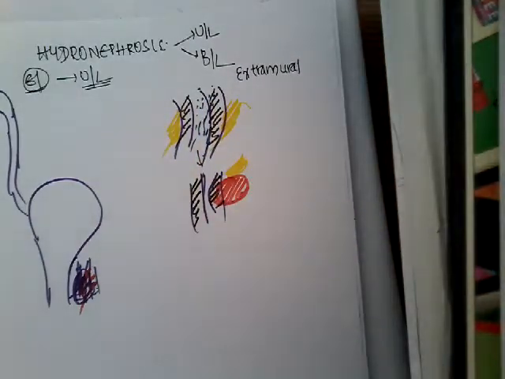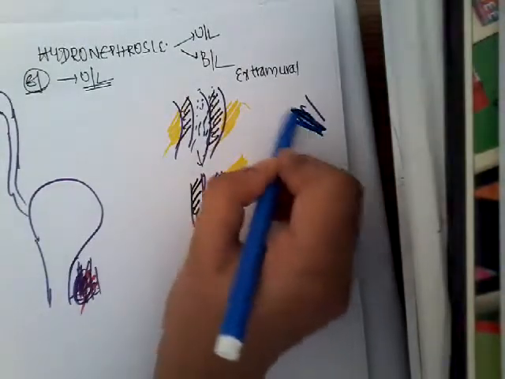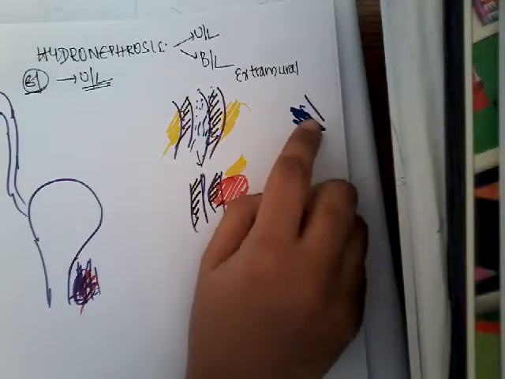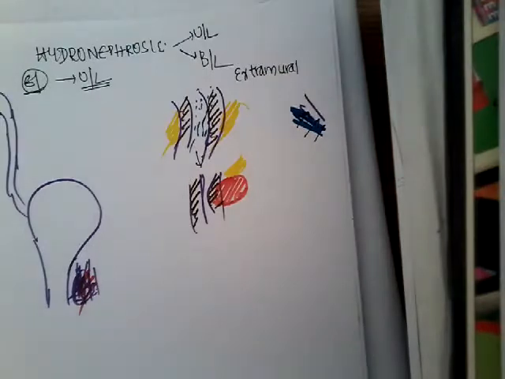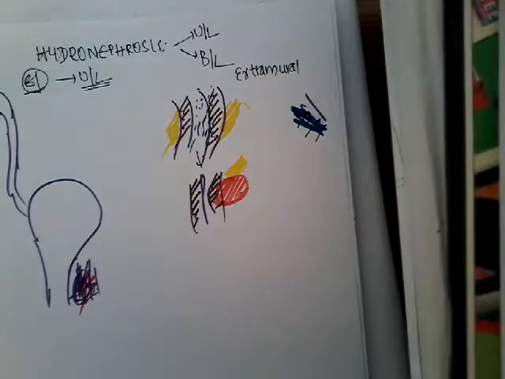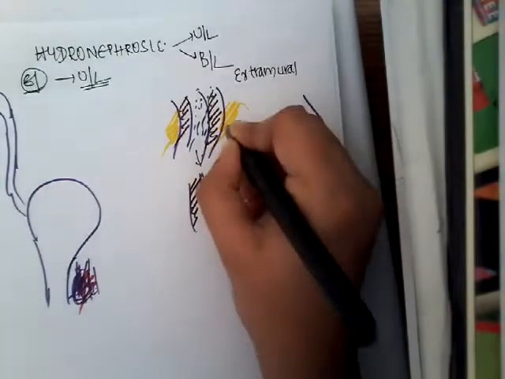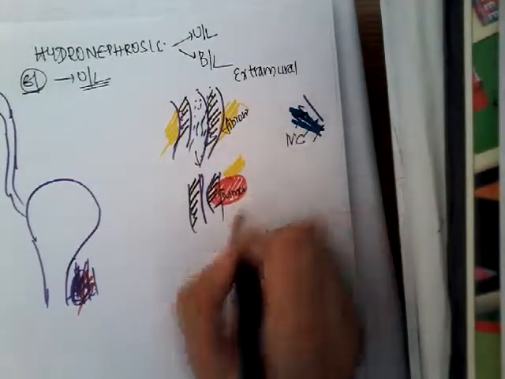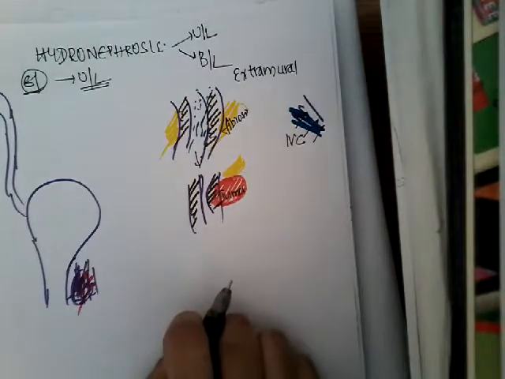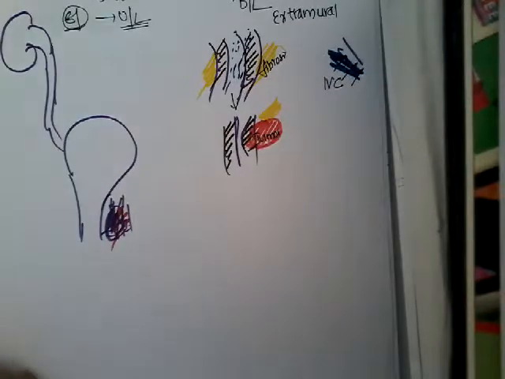So if this is the ureter in cross section and this is the IVC, the IVC can exert a compressing pressure on the ureter, thus causing unilateral hydronephrosis. So these are the main features of extramural hydronephrosis, where there can be tumor, retroperitoneal fibrosis, or retrocaval inferior vena cava. These are extramural causes of unilateral hydronephrosis.